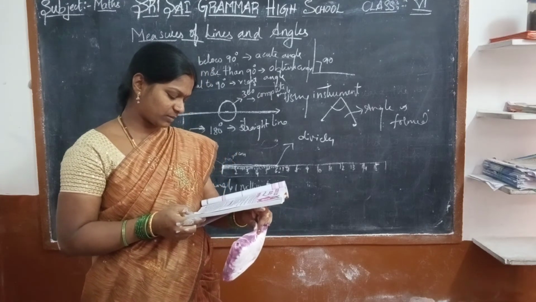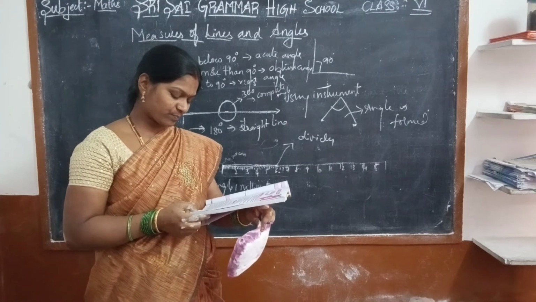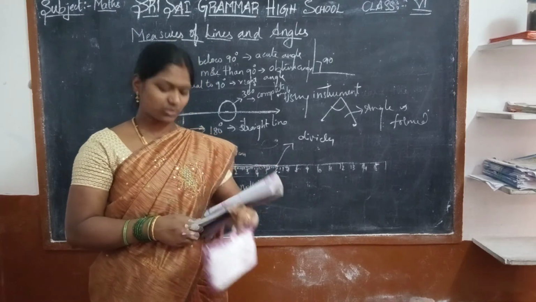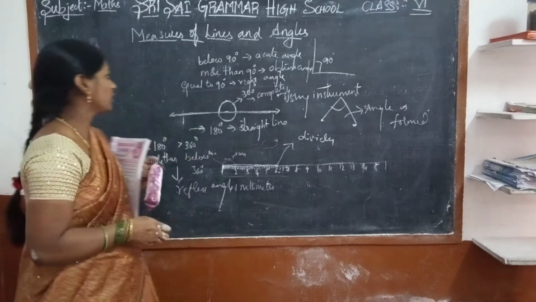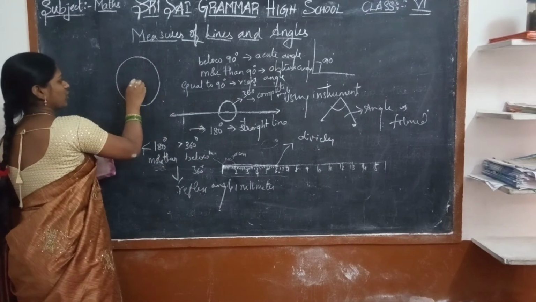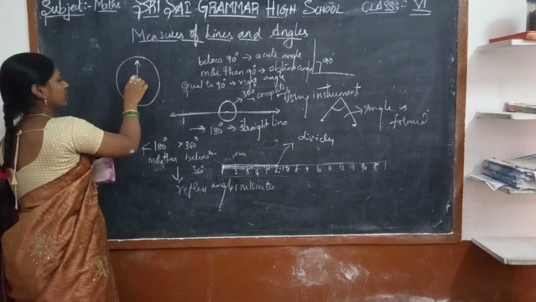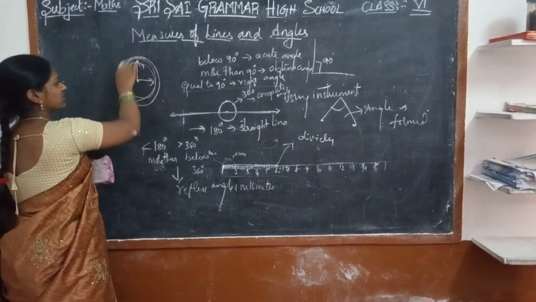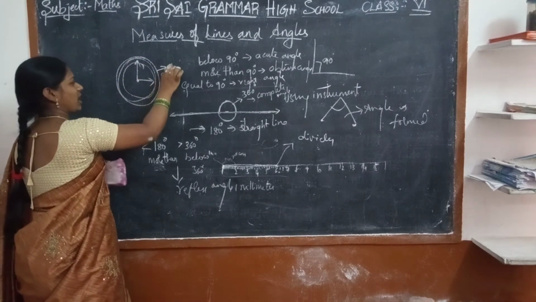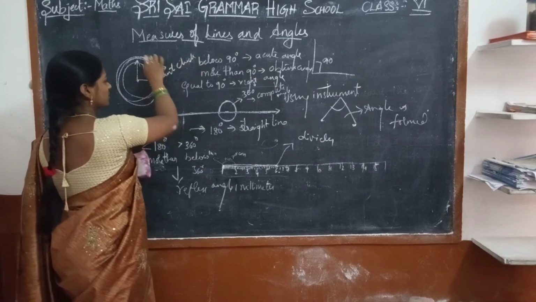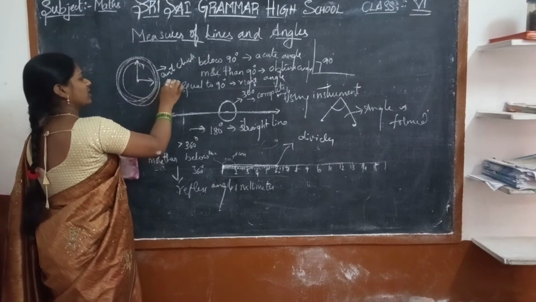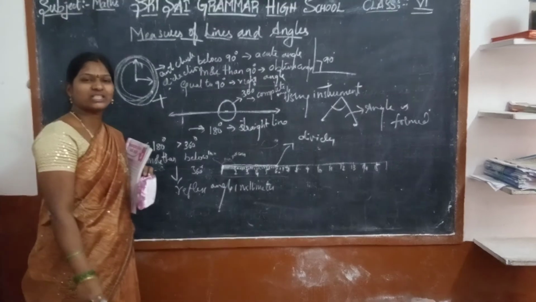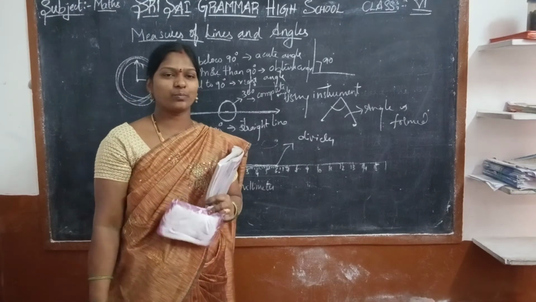If the clock is rotating like this, in the anti-clockwise direction, the sign will be positive when you measure.